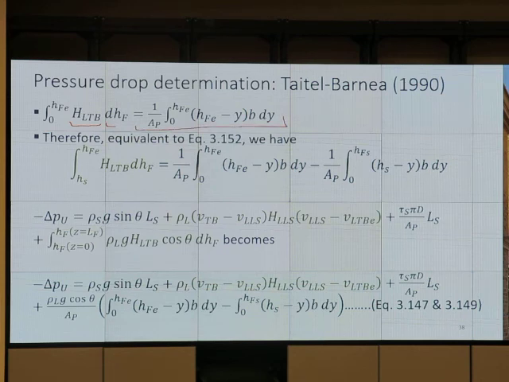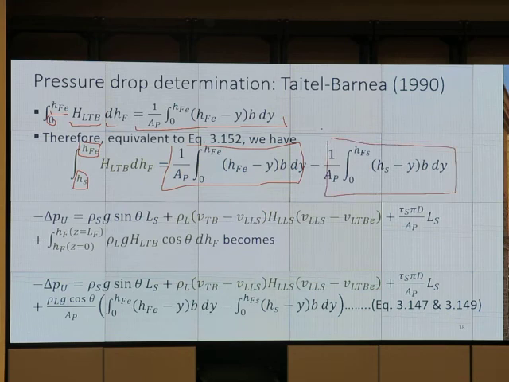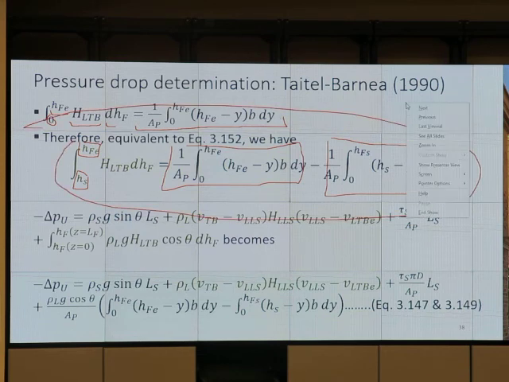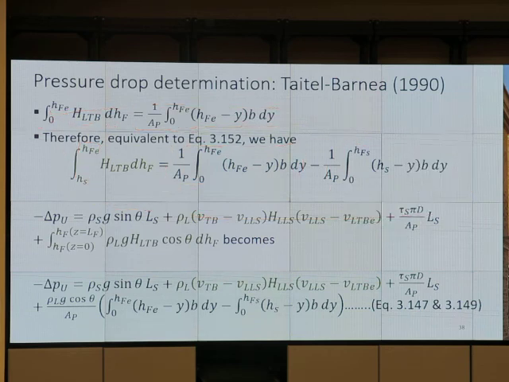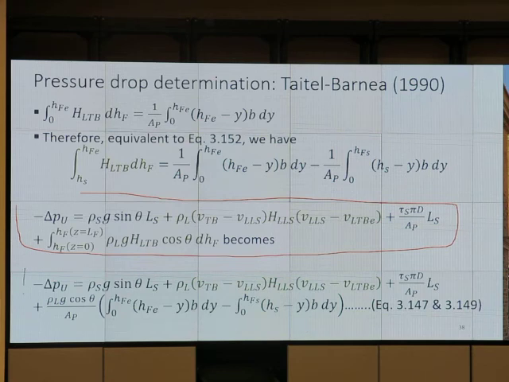Therefore, equivalent to that equation, instead of integrating from 0 to h_FE, if we integrate from h_S to h_FE, we get what we already got minus the lower limit. Good? Okay. Substitute this part into this equation. Then we have that equation.